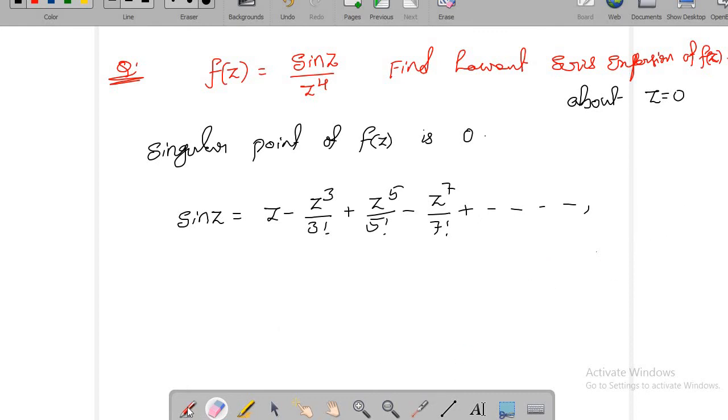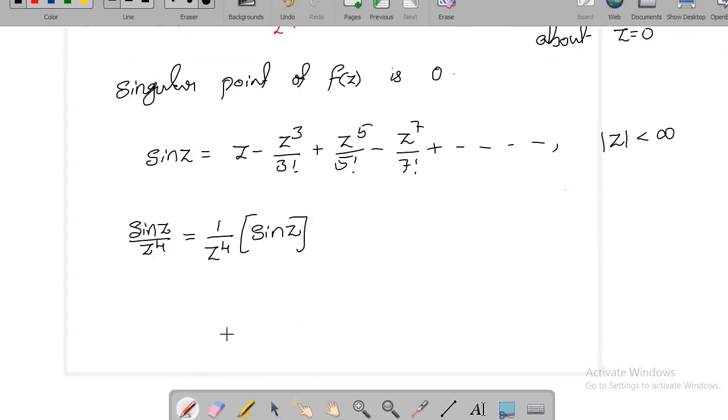This is valid when mod z is strictly less than infinity. But if you look at sin z by z power 4, which is actually 1 by z power 4 into sin z, and you know the expansion of sin z in terms of z, let us write that expansion.